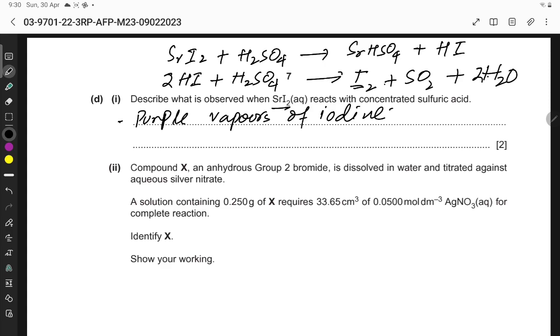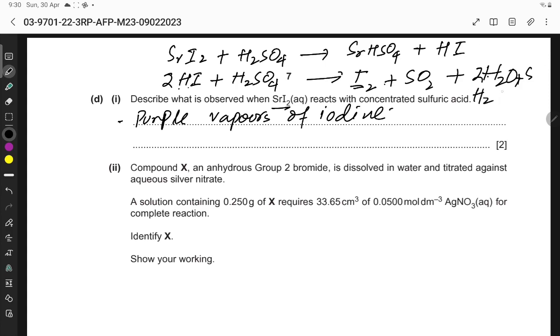If we see all possible products when hydrogen iodide is oxidized by sulfuric acid, there is sulfur deposit as well, sulfur dioxide and H2S.